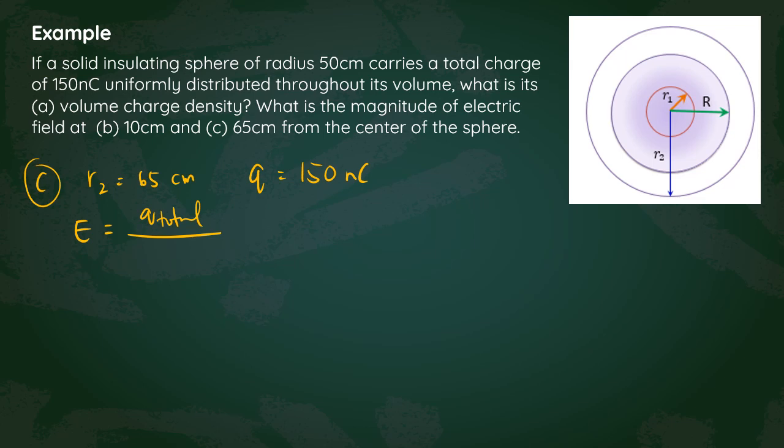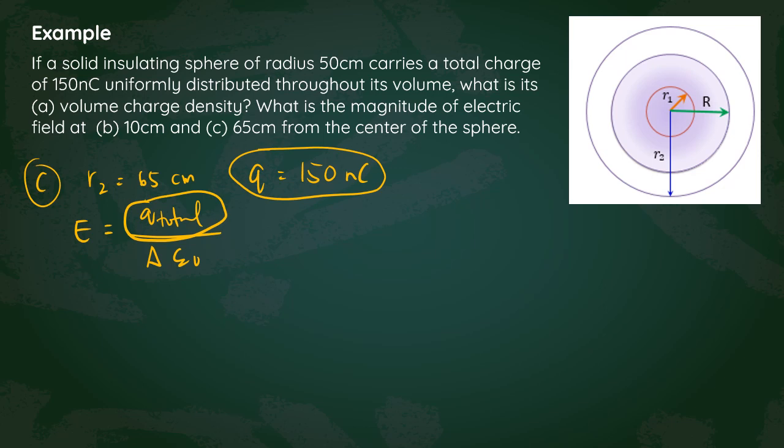Your electric field is equal to Q total divided by area times the permittivity of free space. We don't need to express this in volume charge density because we know that the total charge will be equal to 150 nanocoulombs, because the entirety of the charge of the sphere is enclosed in R2.